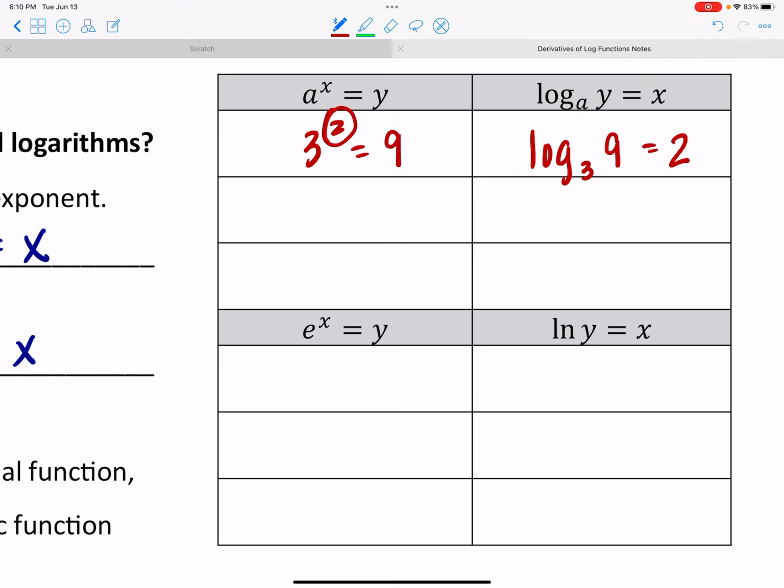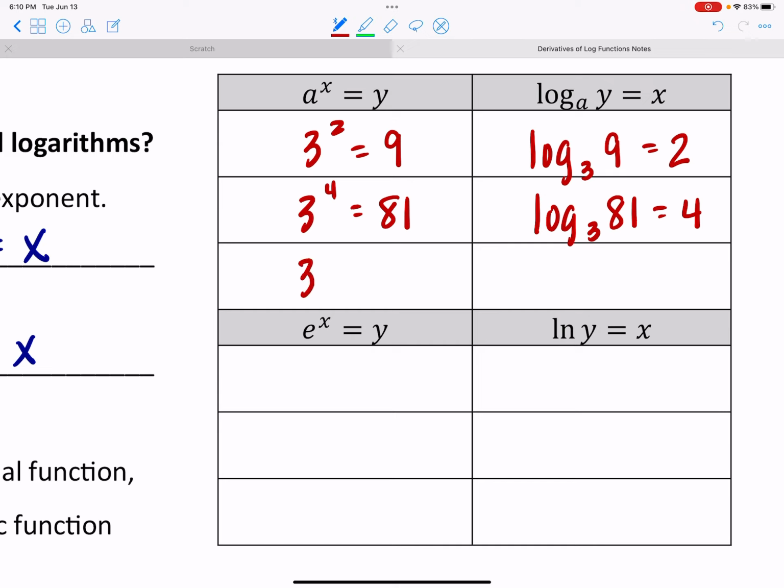So the power here is represented by this logarithm. So the log base 3 of 9 is 2 because 2 is the power of that base that makes this argument 9. Or if I said 3 to the 4th power was equal to 81, I could say that the log base 3 of 81 is equal to 4. So my exponent of 4 is represented by this logarithm.